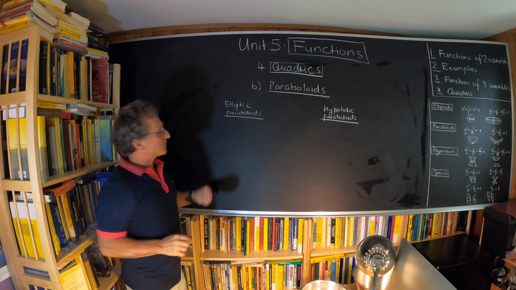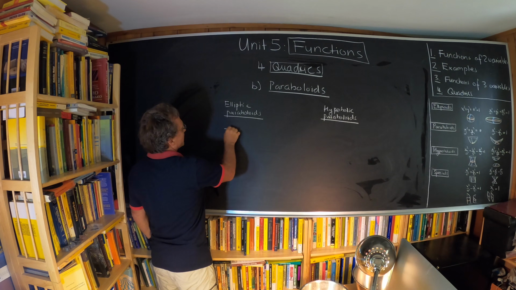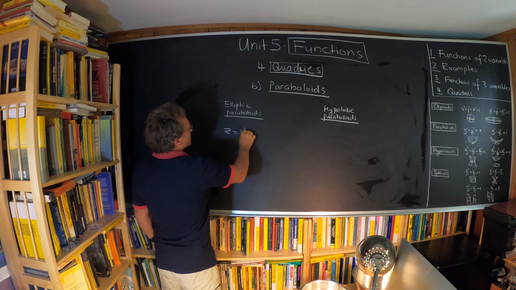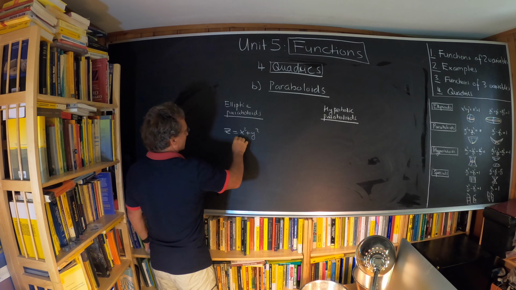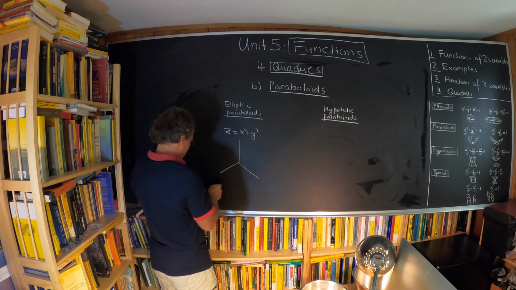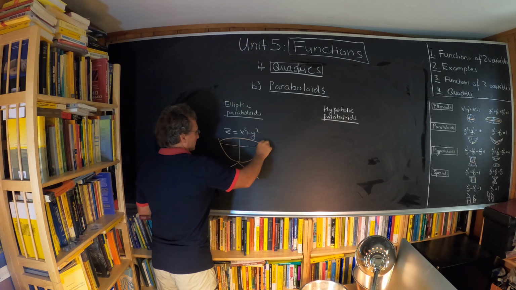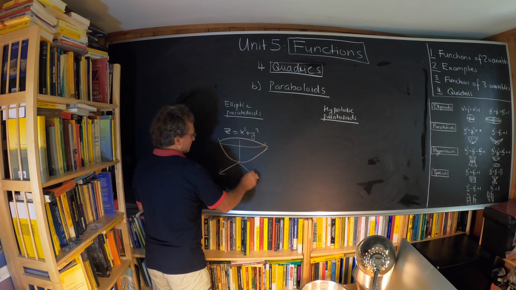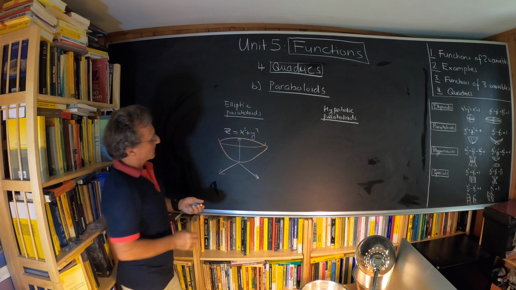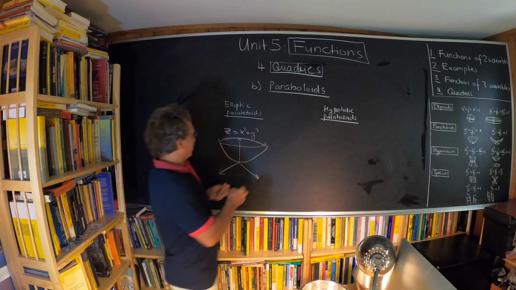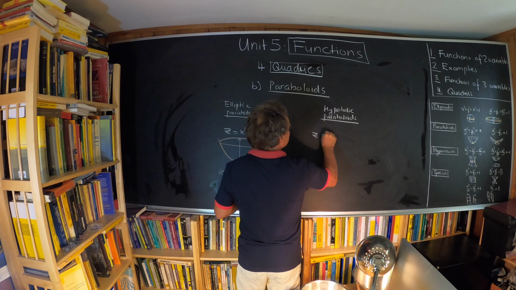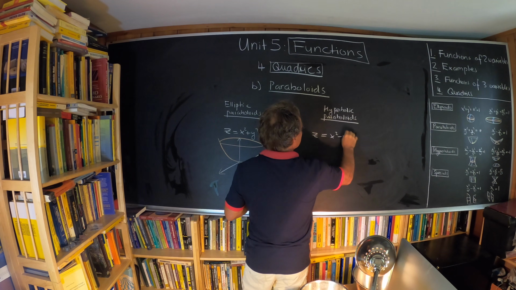These are all graphs of functions. In this case, we have z is equal to x squared plus y squared. That's the simplest form. And then the hyperbolic paraboloid, which is z is equal to x squared minus y squared.